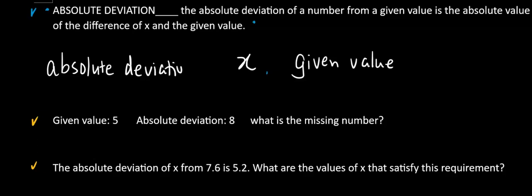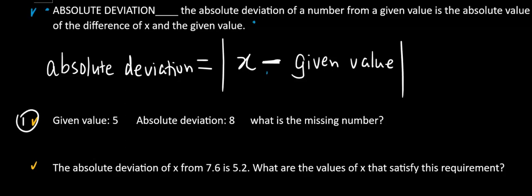How do I connect them? How do I build a true relationship here? I'm going to say the absolute deviation of this number is the absolute value of the difference of these two numbers. Therefore, I'm going to subtract. That's it.